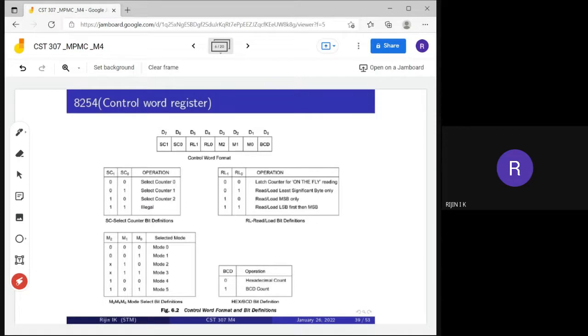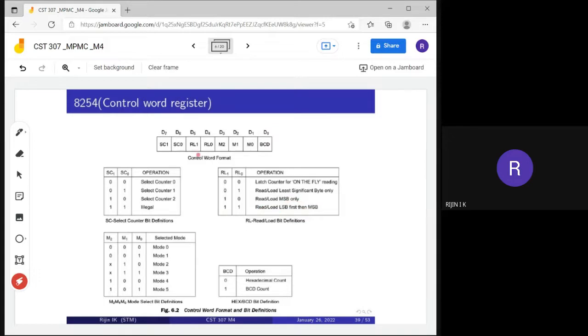If both are 0, then latch counter for on the fly reading. 0, 1: read or load least significant byte only. 1, 0: read or load most significant byte only. 1, 1: read or load least significant byte first, then most significant byte. Like that it will work.